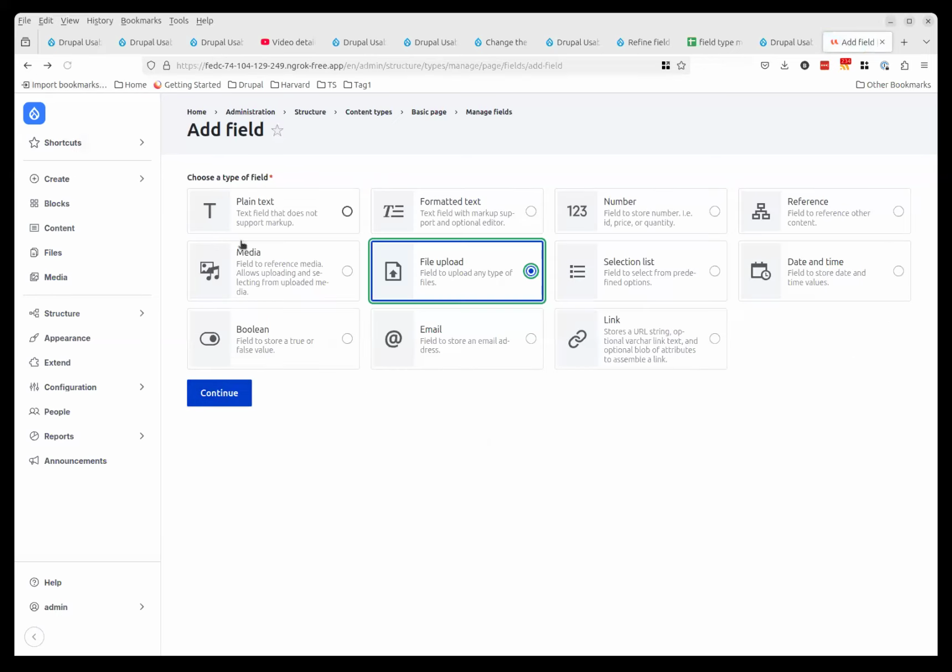Yeah. But the point is, I think Laurie, I'm not sure if it was on this issue or another, pointed out that they considered moving media and images and files into one group, but due to the fact that media is also a reference, they thought it would be better to keep it apart from either reference and file upload.